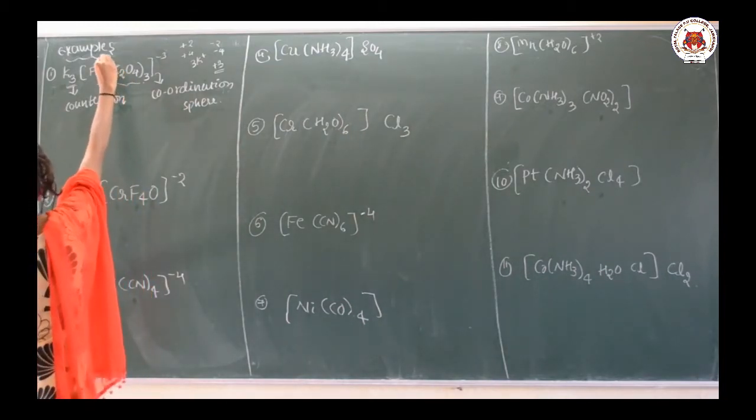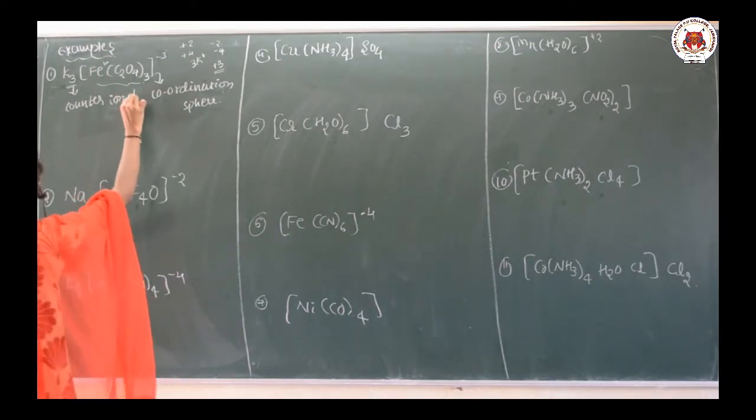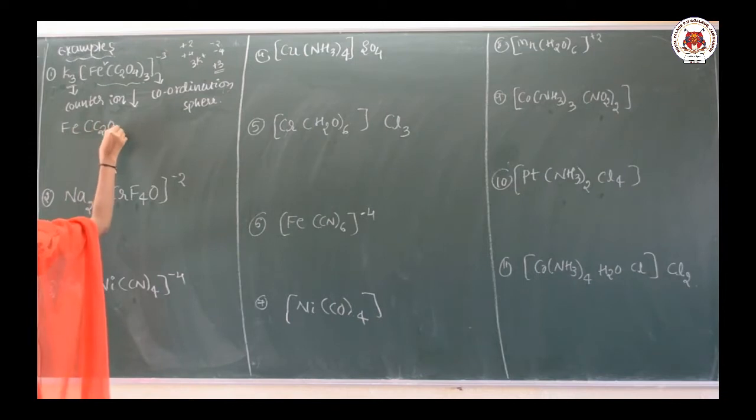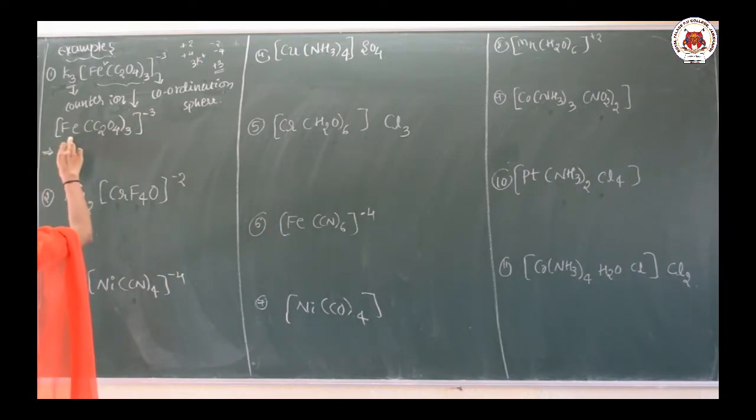Now I want to calculate the oxidation number of the central metal atom. To find the oxidation number of Fe, you can take the whole complex, or you can take only the coordination sphere, in its ionic form, that is the complex ion form. So what will it be? Fe(C2O4)3 with charge minus 3. How do we find the oxidation number of Fe?